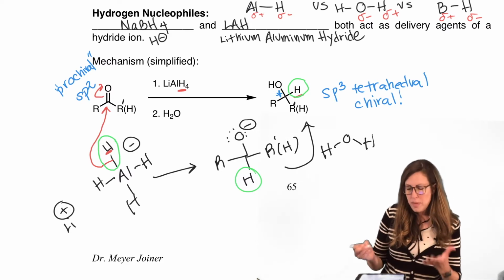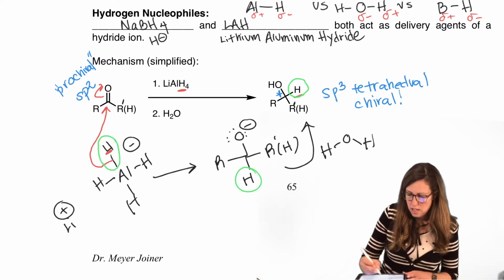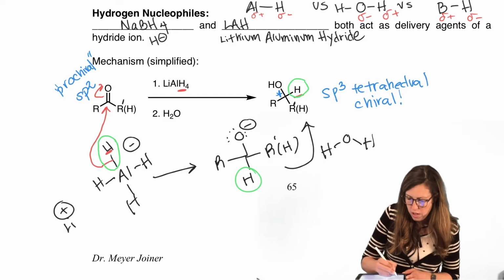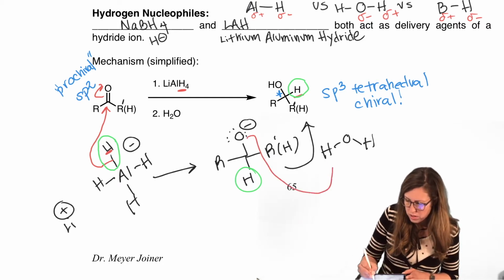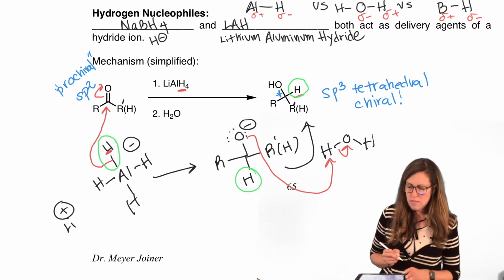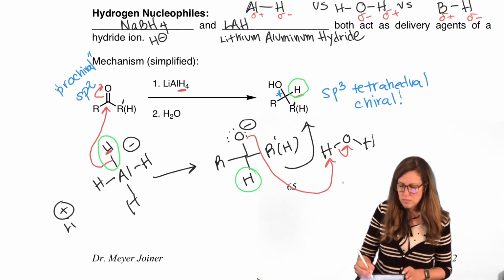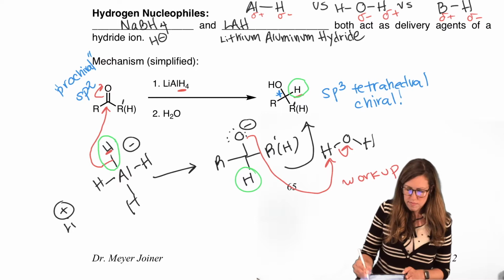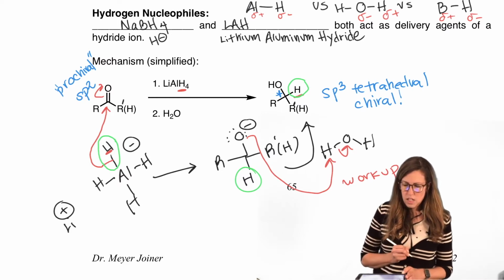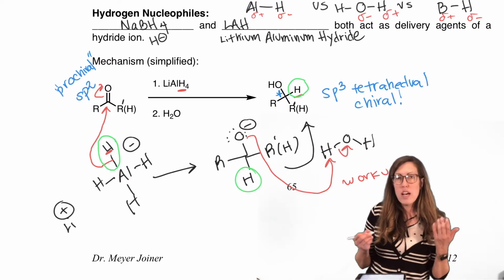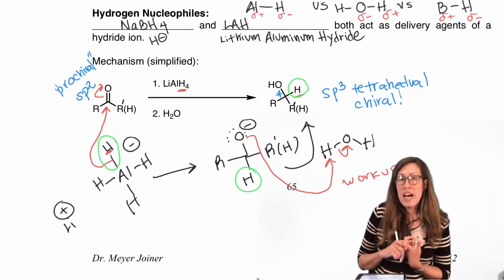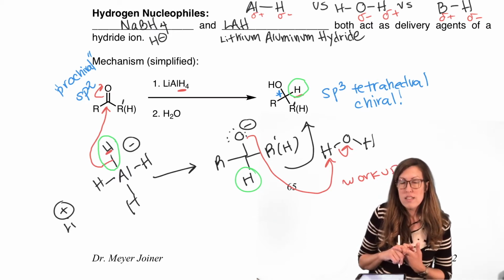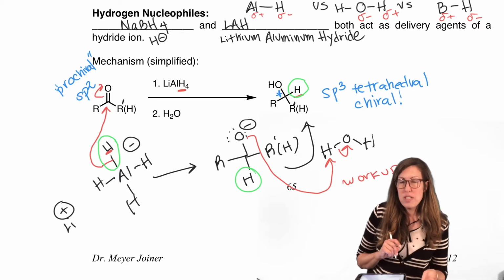And when you're asked to show mechanisms, that's not always necessarily part of it, but it's good to keep those simple things in mind so we don't lose sight of it. Okay, so that's workup. In other words, aldehyde or ketone in the presence of LAH or NaBH4, we can get alcohols with our new H attached to the carbon.